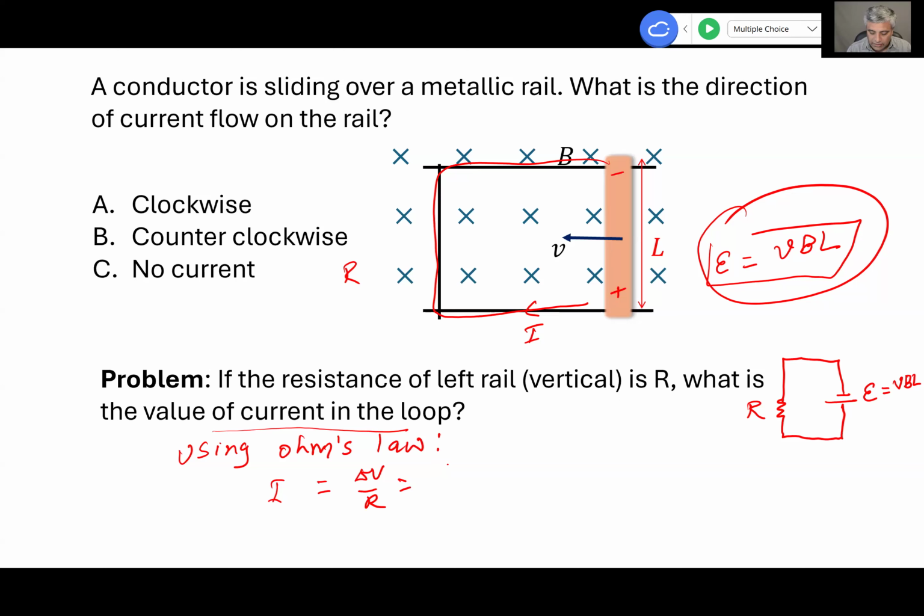In this case, the potential difference is the EMF over R. So EMF is VBL over R. That's how much current is going to be flowing in the loop.